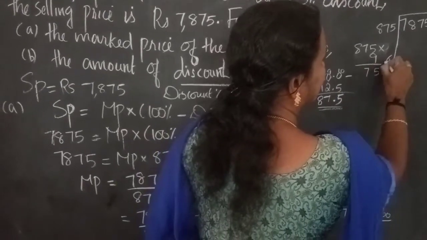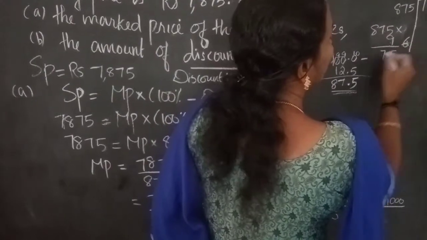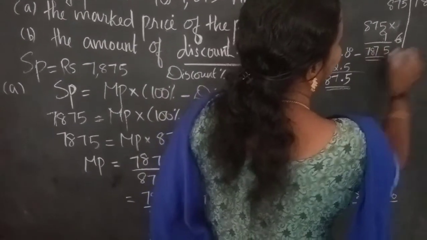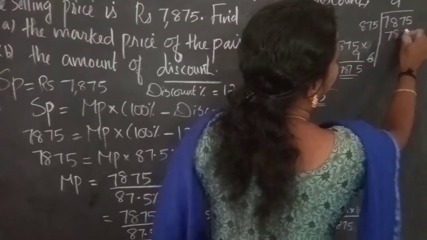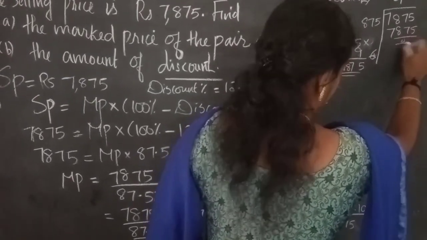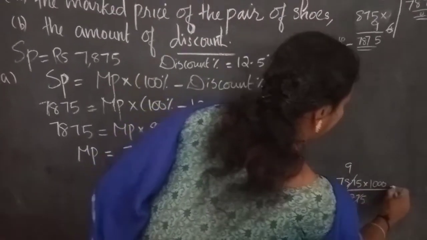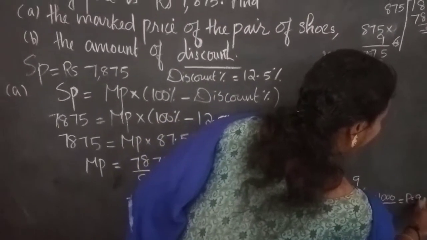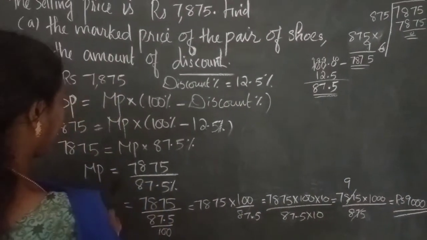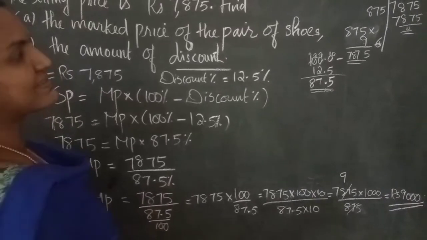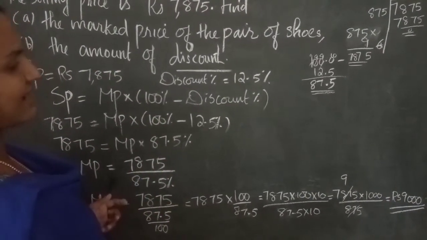Then balance 6. 8 9s are 72, 72 plus 6, 78. So 875 9s are 7875. So this is 9. So 9 into 1000, the answer is rupees 9000. So MP is equal to rupees 9000.